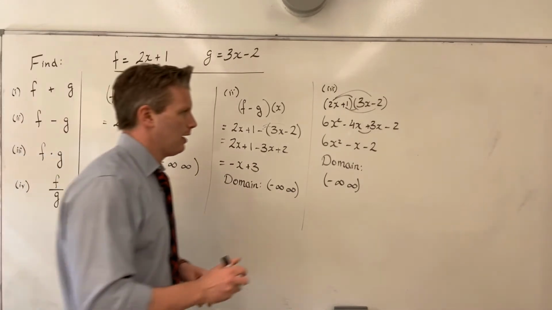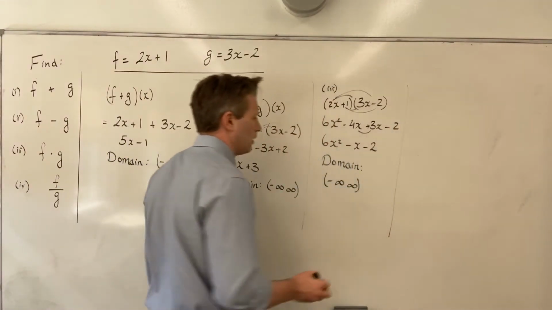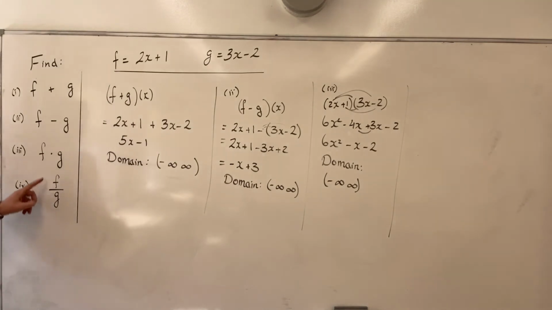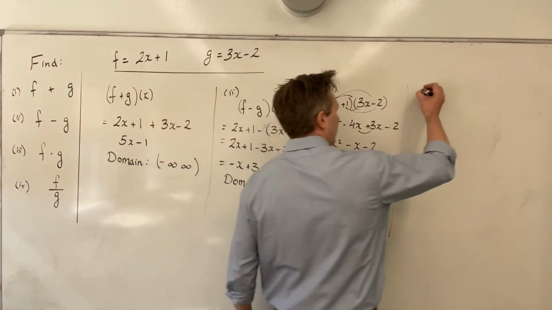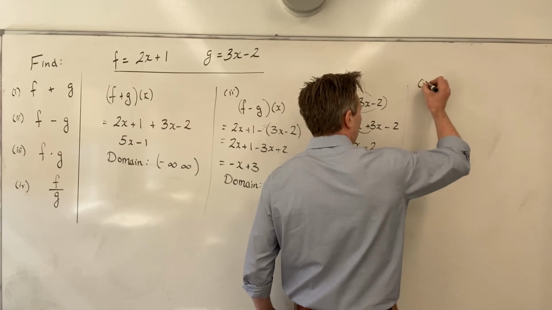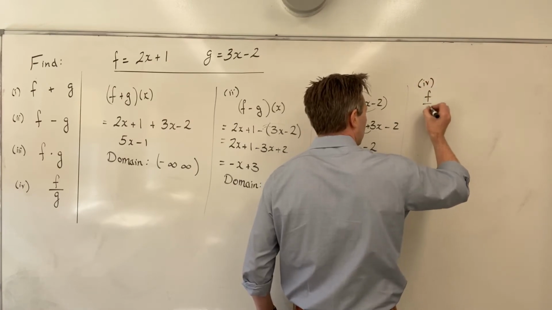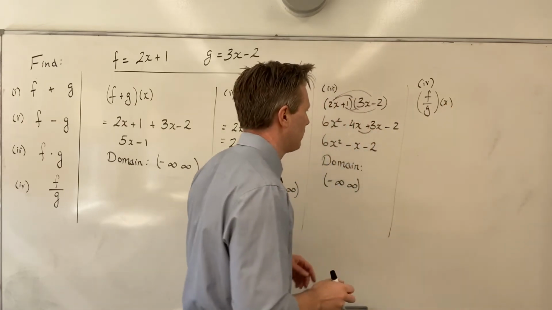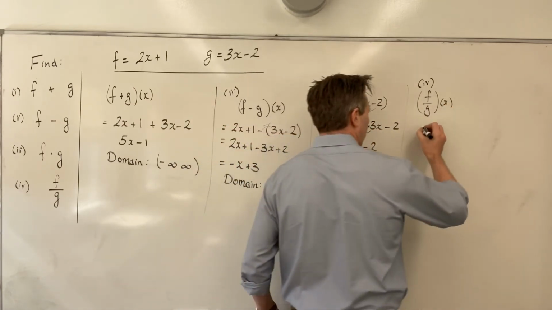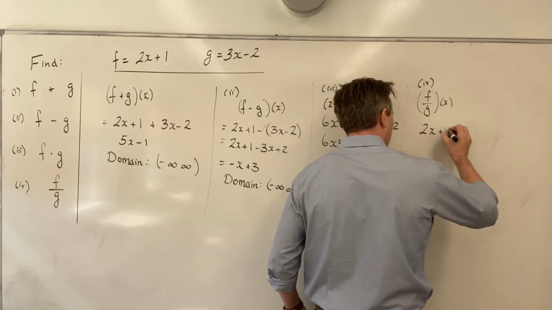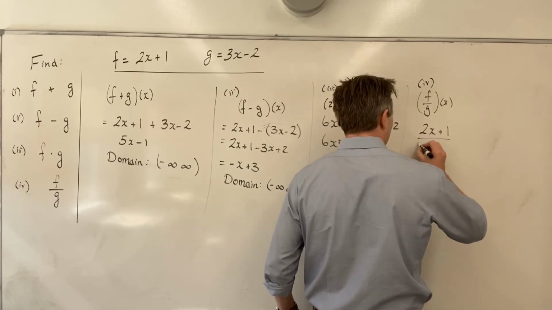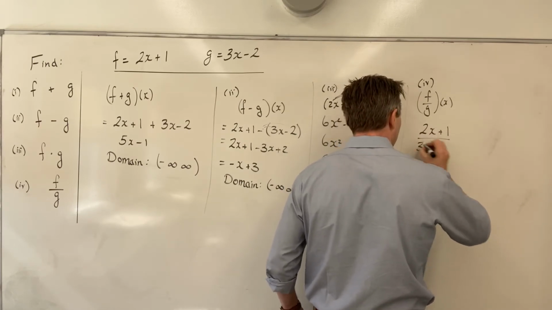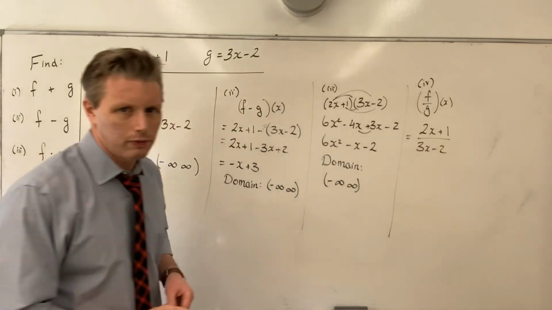All right, and finally, I want the quotient f over g of x. This is part 4, I want f over g of x. And so that will give 2x plus 1 over 3x minus 2.